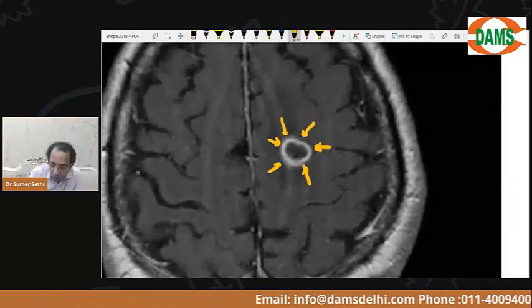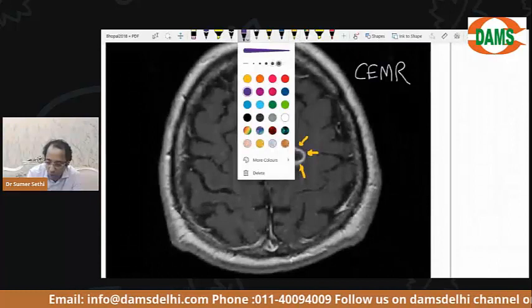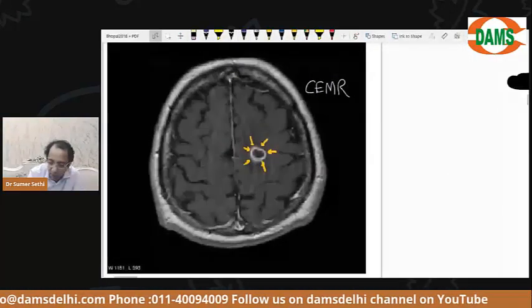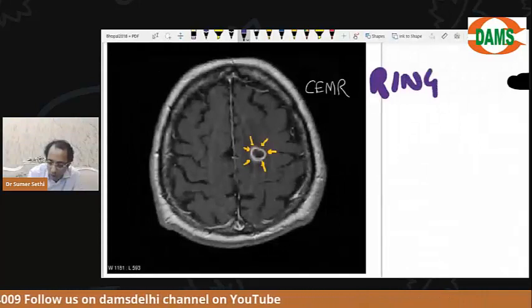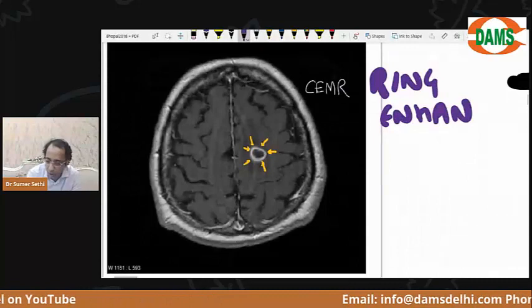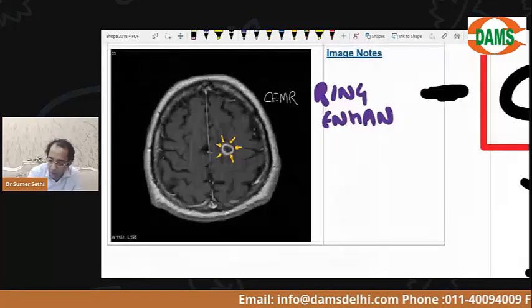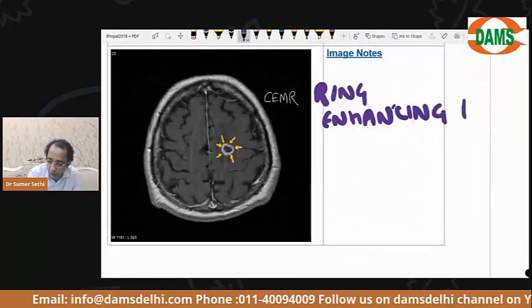The term that we use here, you will always find this in your exam, is ring enhancing lesion. The third year students sometimes find the disease names difficult, but don't worry, this is an everyday affair.